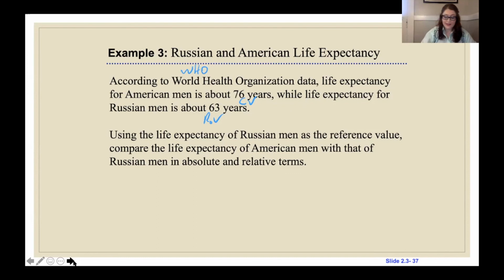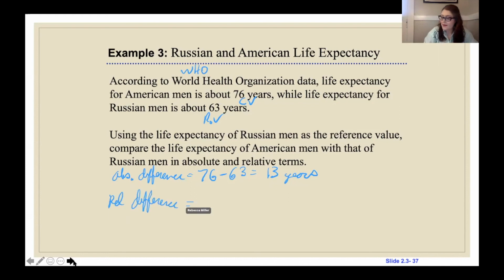So to find my absolute difference, we're going to take 76 minus 63, and we get an absolute difference of 13 years. That absolute difference is going to have a unit, but once we convert it to a percentage, for relative difference, it will not have a unit.